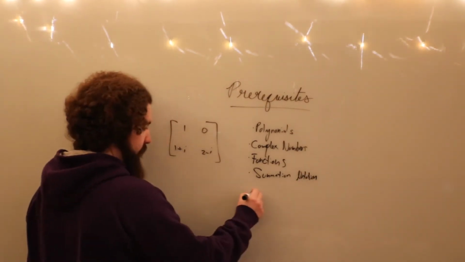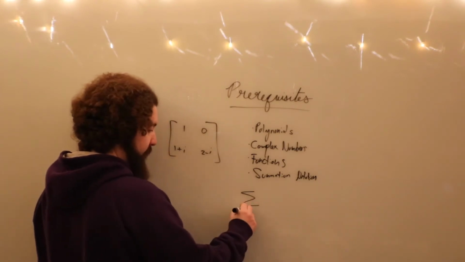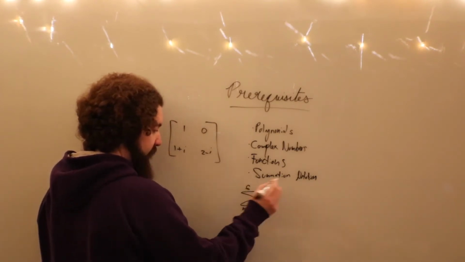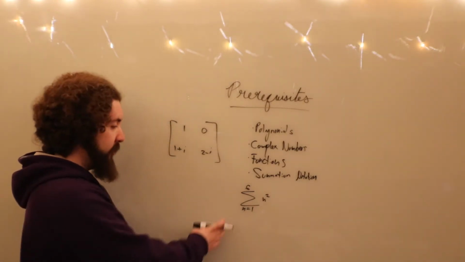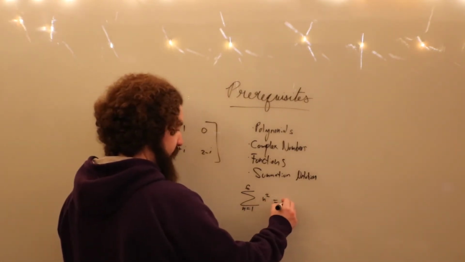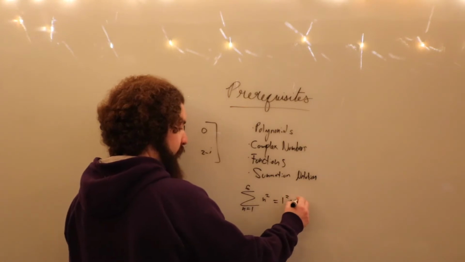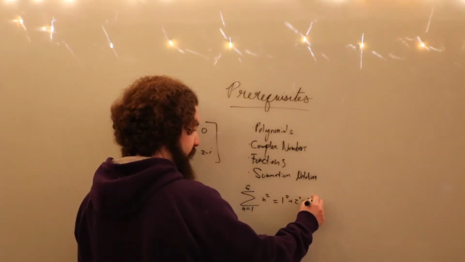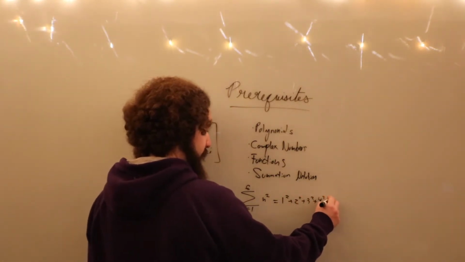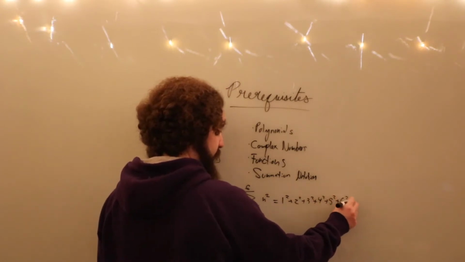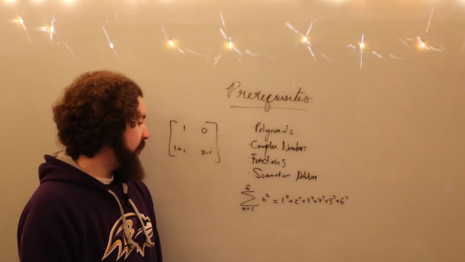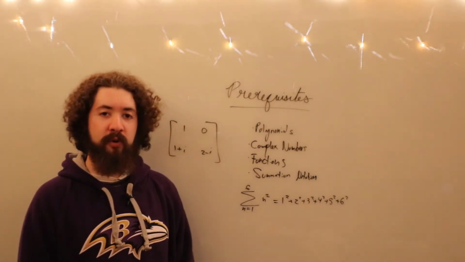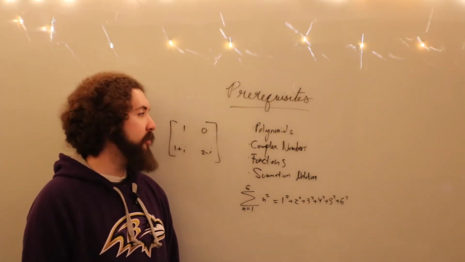So when I write the sum from n equals 1 to 6 of n squared, you should know exactly what this means. That this is equal to 1 squared plus 2 squared plus 3 squared plus 4 squared plus 5 squared plus 6 squared. That is what that means. Be comfortable with that notation. We're going to be using it pretty frequently.